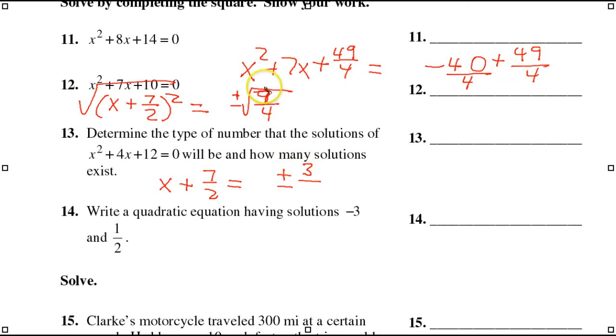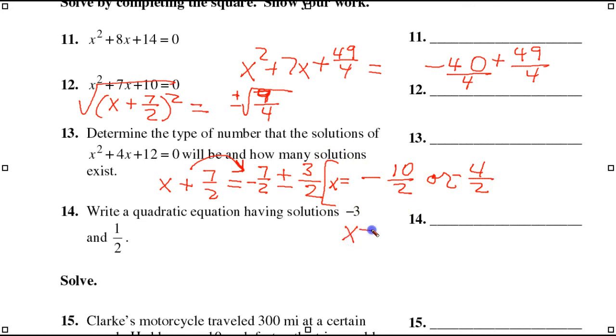No, that was 9. Let me just check that here. Yeah, 9/4, which is 3/2. And then we transpose that, and we get x then equals this or that. We simplify this. X equals -5, or x equals -2.